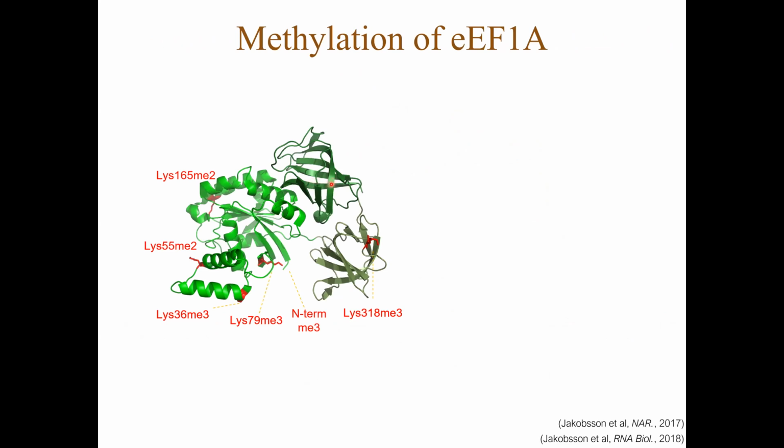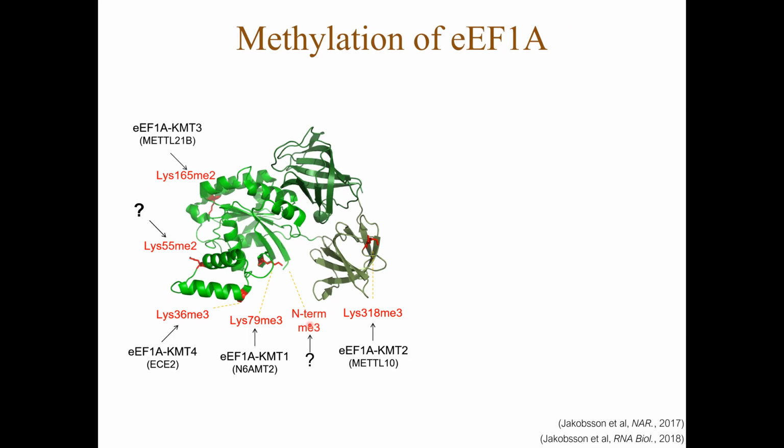This elongation factor protein is reported to be methylated on several lysine residues as well as on the N-terminus. And very recently, we and other groups have identified several of the lysine-specific transferases that specifically modify these residues in the elongation factor.